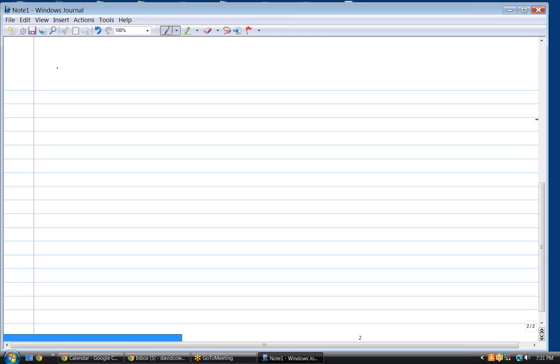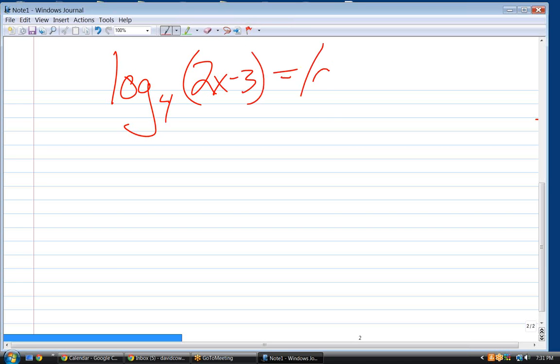All right. What else? Log base 4 of (2x minus 3) equals log base 4 of (x plus 2). Now, I'm not really going to divide both sides by log base 4. You can't do that. But what is true is if I have the log of one argument equals the log, same base, of a different argument, then I'm allowed to equate the arguments.